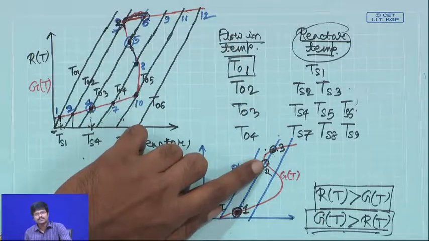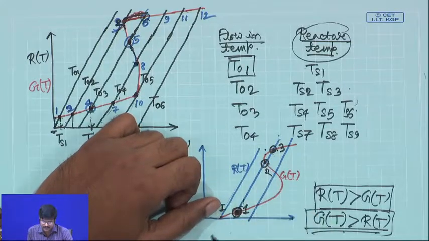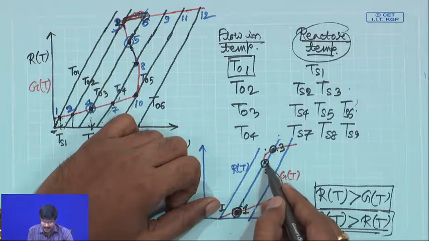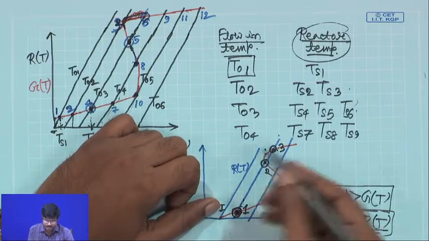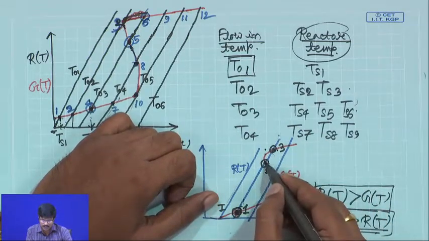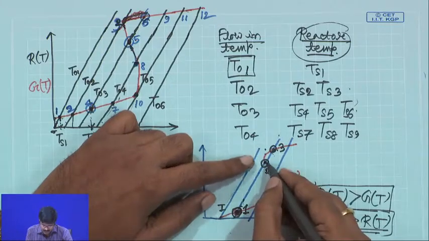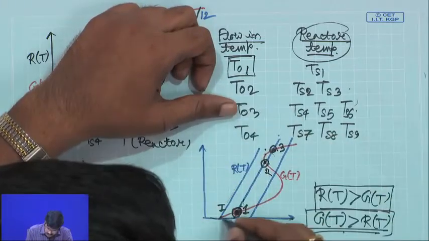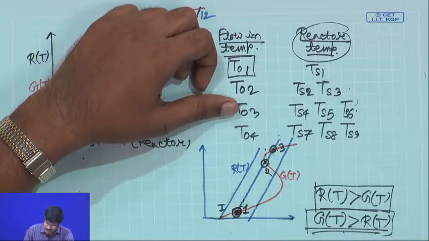What about this point? If you are at this particular point and you heat up the system a little bit, then what will happen? You will come to this position a little bit here. Say you have this particular curve here, and let me elaborate further.